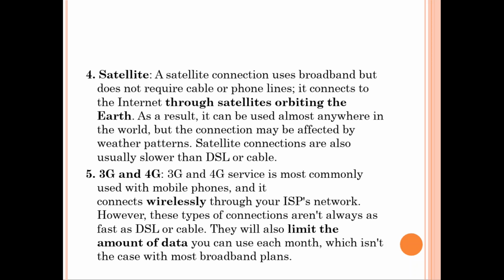The next one is satellite. Satellite connection uses broadband but does not require cable or phone lines. It connects to the internet through satellites orbiting the earth. Satellite connections are also usually slower than DSL or cable because of the capacity of the satellite and the number of users connected to that particular satellite.